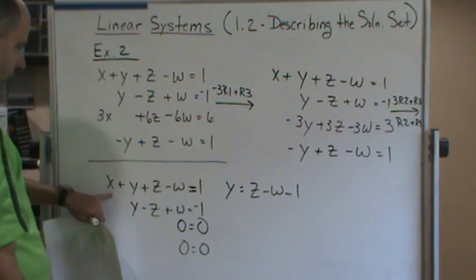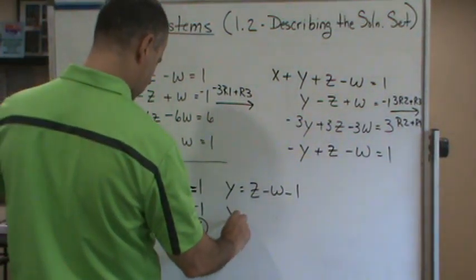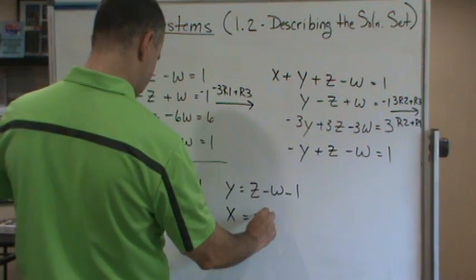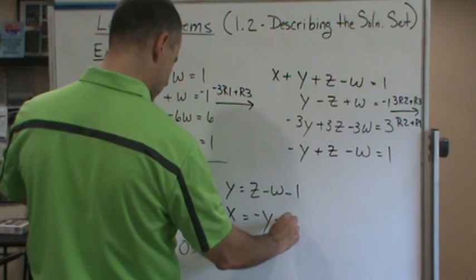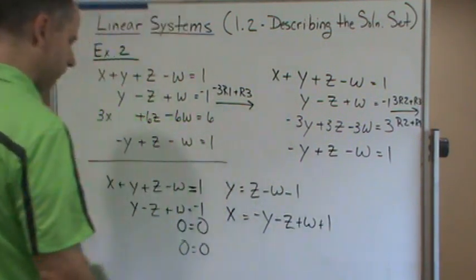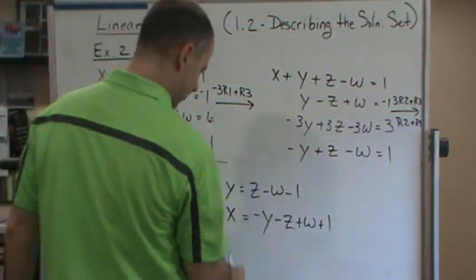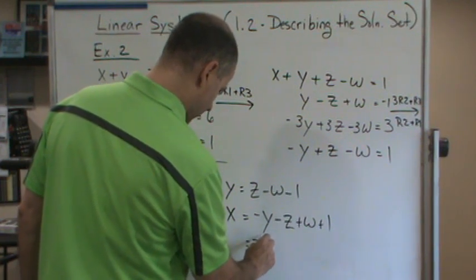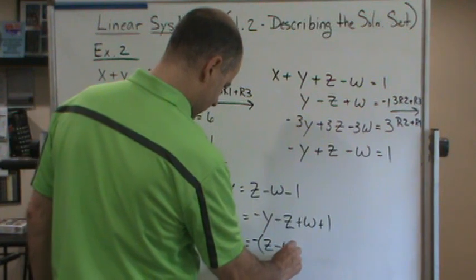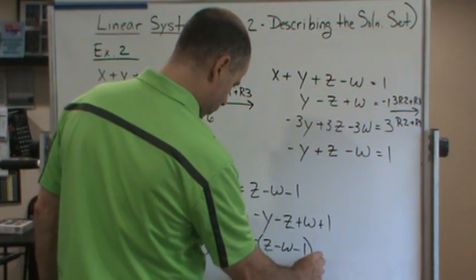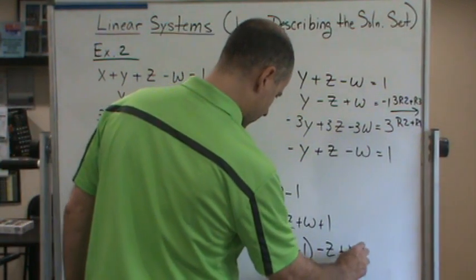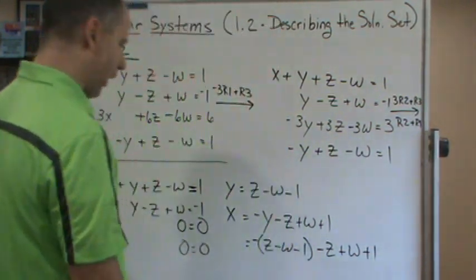And then x is going to equal minus y minus z plus w plus 1. But y is going to be in terms of this, so this is going to be z minus w minus 1, minus z plus w plus 1.